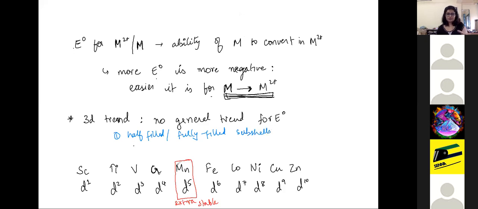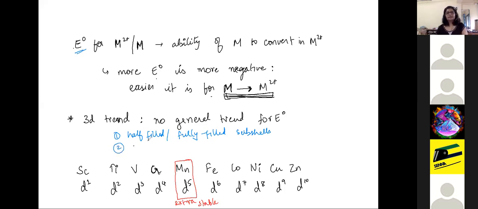Because manganese has a half-filled subshell and zinc has a fully filled subshell, that contributes to extra stability, which in turn, if it wants to form that, is going to affect the E naught value. You need to spend less energy for that conversion to take place.